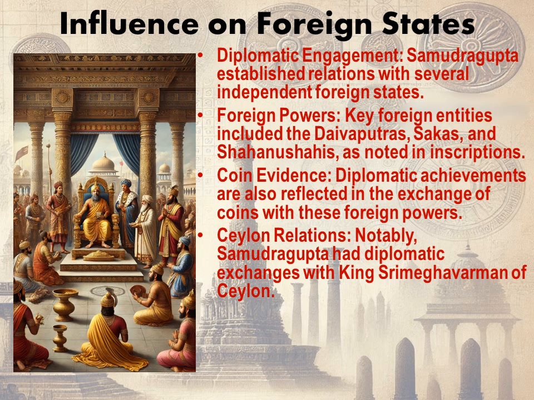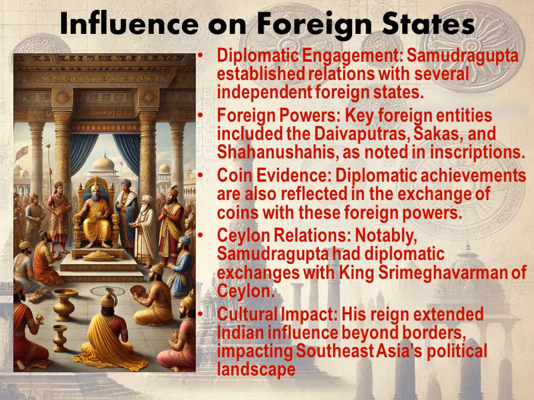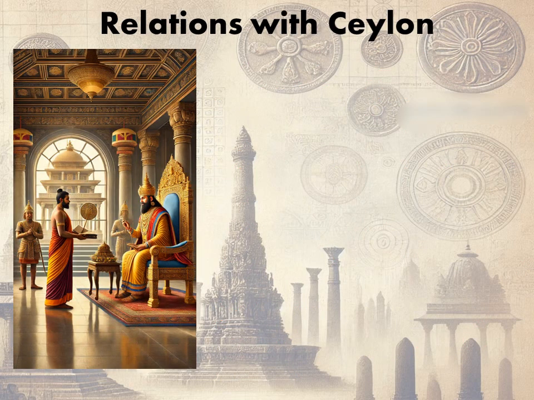So, Ceylon means present day Sri Lanka, and Samudragupta had established a diplomatic relationship with King Sri Meghavarman of Sri Lanka. His reign extended Indian influence beyond the borders, impacting South Asia's political landscape. So, his reign was not only significant in the political history of ancient India, but was also very important for the political landscape of entire Southeast Asia.